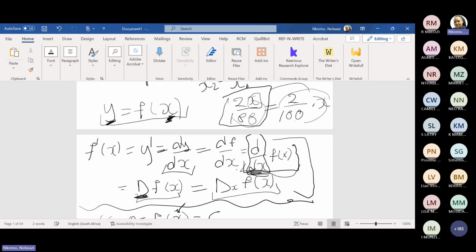We have df over dx. Then I choose to take this one and multiply with everything. That's why I have d over dx times f of x. It's still the same thing as df over dx. It's just that you read it differently. You'll say d over dx of f of x, right? But here you say df over dx, but it's still the same operation. So it's given. Pardon?